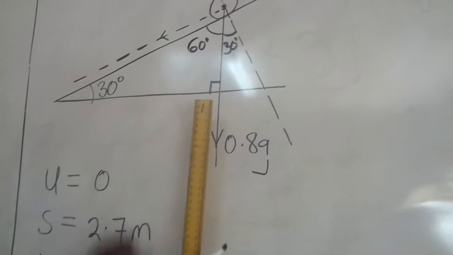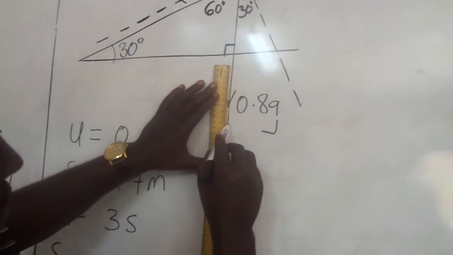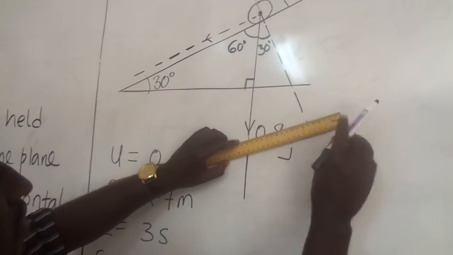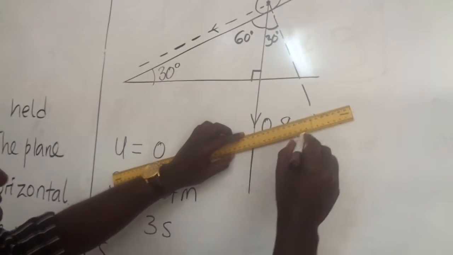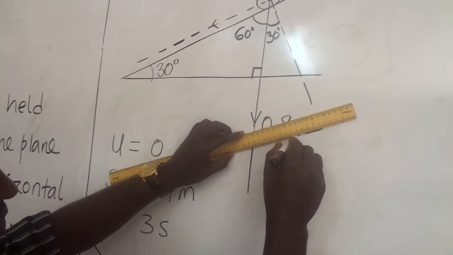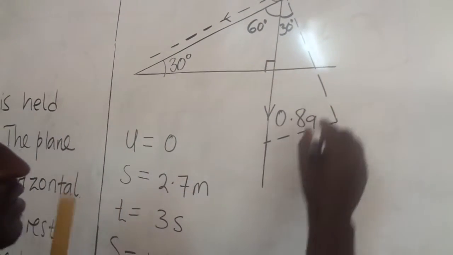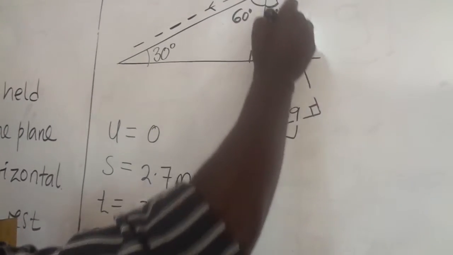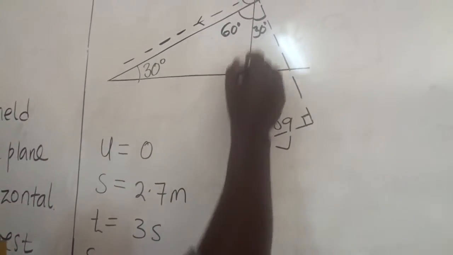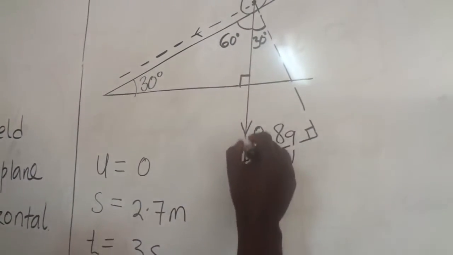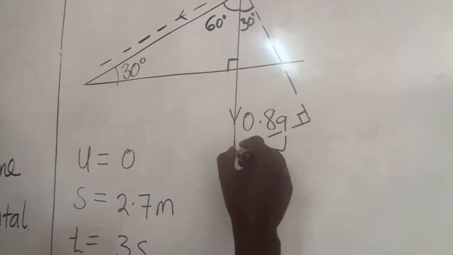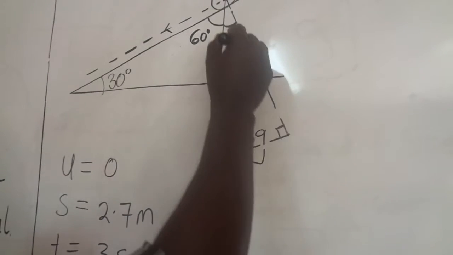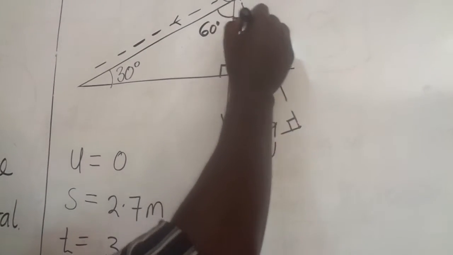Now I'm going to draw a line perpendicular to the plane. This line should be parallel to this one, so that this angle is 90 degrees, and it is going to help me find this component and this component. Using this triangle, the weight acts as my hypotenuse, and this acts as the adjacent to 30 degrees.